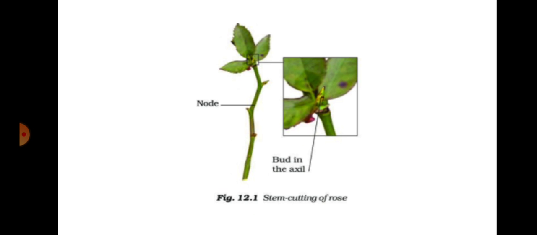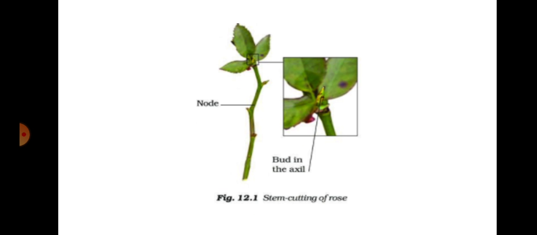The cutting stem is planted in moist soil, and it eventually develops root and shoot and grows into a new plant. So, the first one is cutting.